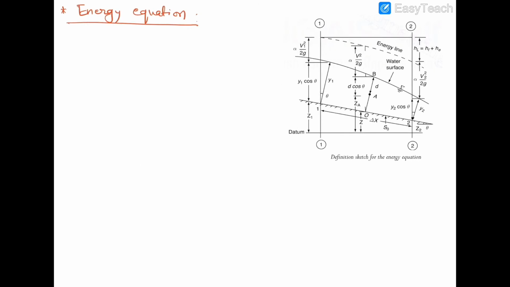Energy equation. You might have recalled the energy equation in case of pipe flow. What principle did we use to determine the energy equation in pipe flow? There we used Bernoulli's principle, and the statement of Bernoulli's principle is that the total energy at any point is equal to the summation of datum head, pressure head and kinetic head.